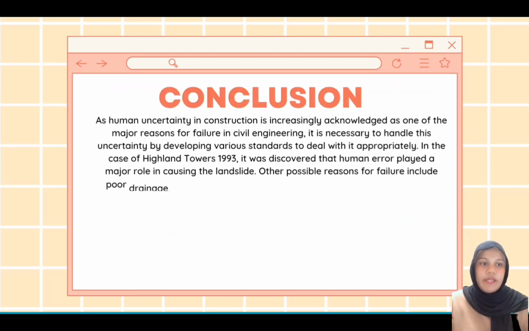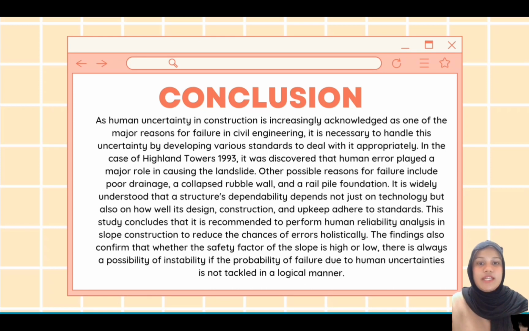The conclusion: as human uncertainty in construction is increasingly acknowledged as one of the major reasons for failure in civil engineering, it is necessary to handle this uncertainty by developing various standards to deal with it appropriately. In the case of Highland Towers 1993, it was discovered that human error played a major role in causing the landslide. Other possible reasons for failure include poor drainage, a collapsed rubble wall, and a raft pile foundation.